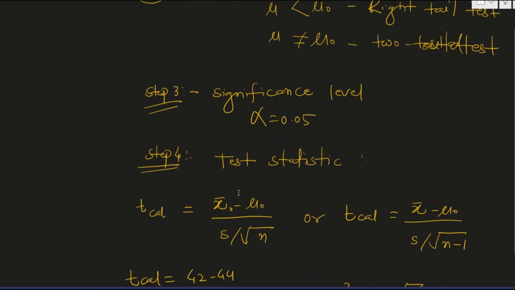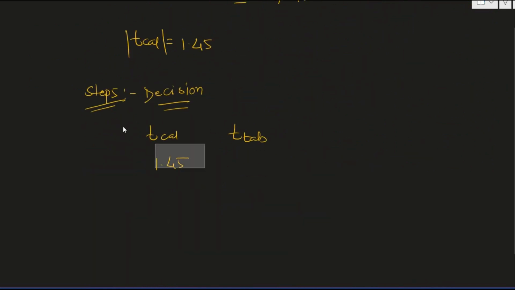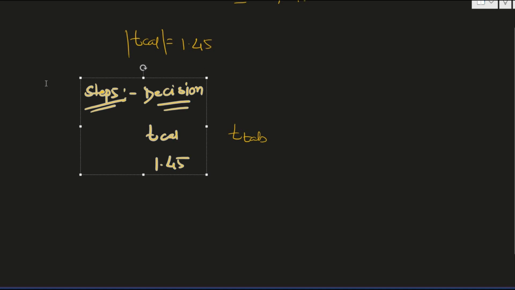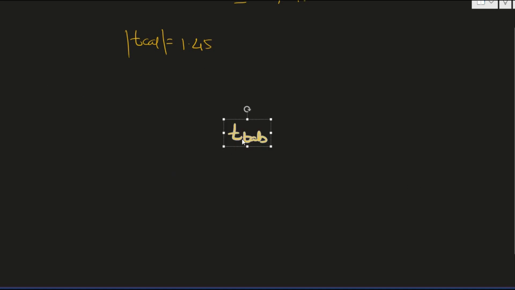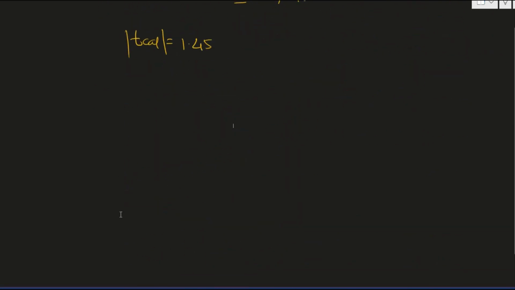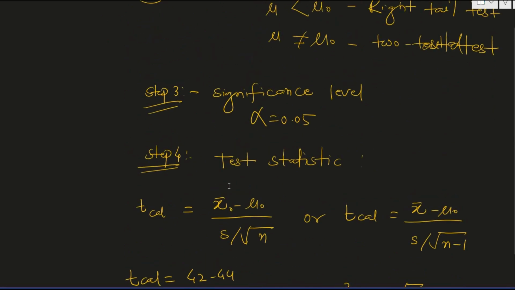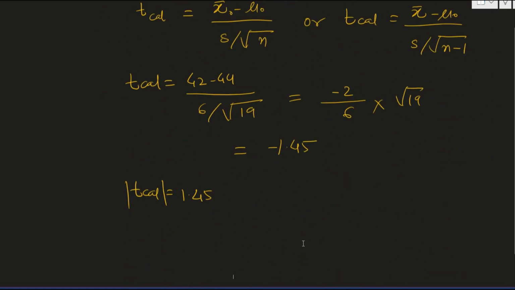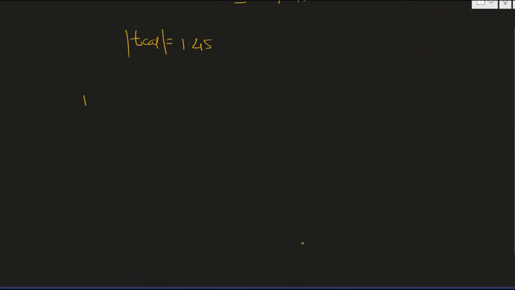Okay, I think I just missed one step. Now see, this is the t calculated value, and now for the significance level 0.05, the t tabulated value, if we check it in the table, we will get 2.093.